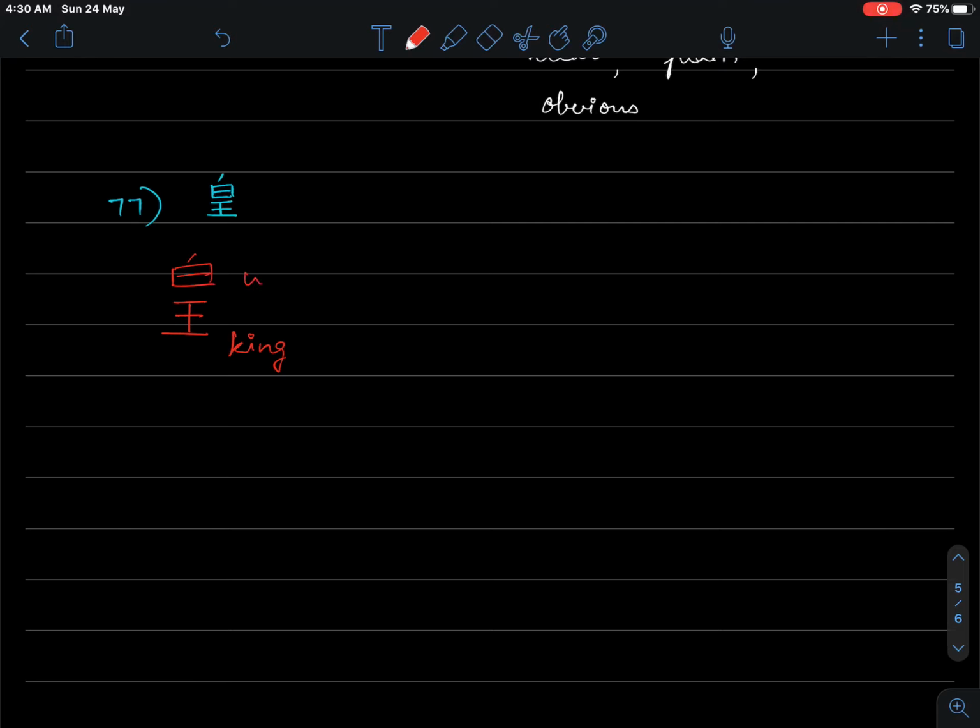So there is a white thing on top of the king. Now what do you imagine usually sits on top of a king? It's a crown. So you can say not thing but crown. Okay, so a white crown on top of a king.